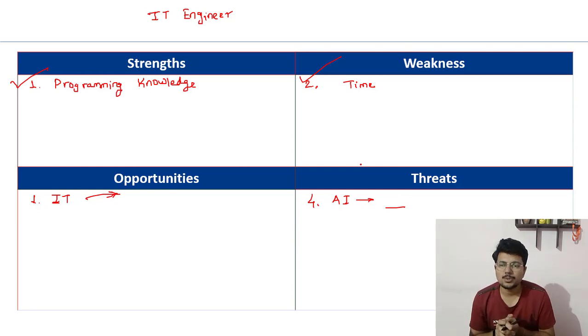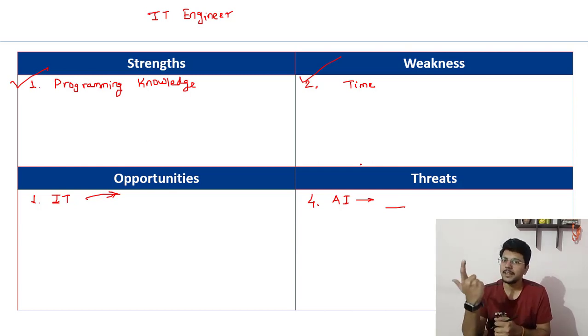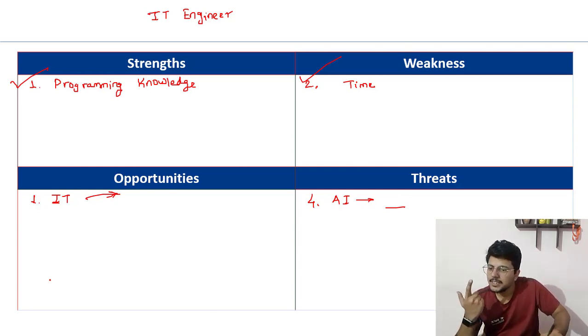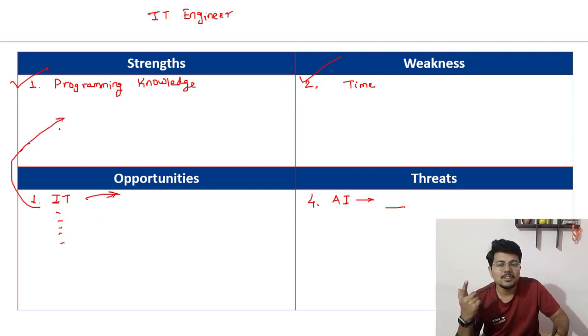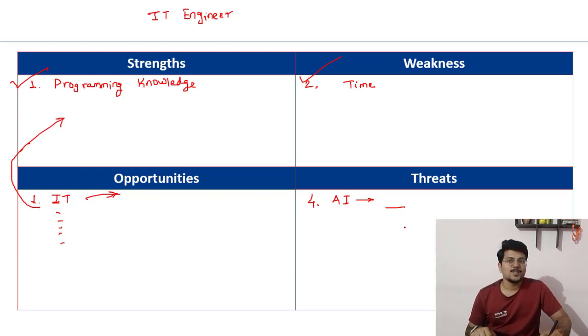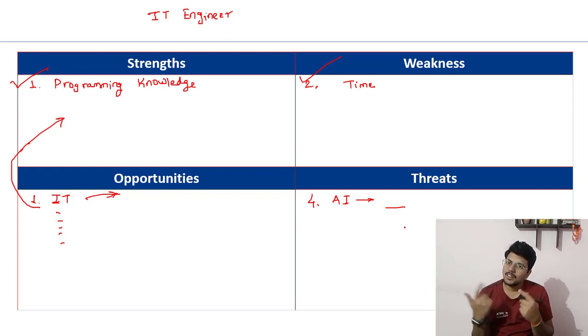Directly you cannot control it, but if you get to know that these opportunities are coming, let's say IT is growing, right? So you will learn more on the recent languages. You will take benefit of your strengths over there, and at the same time work out how to handle these threats. So that is really great insight that you will get about yourself.